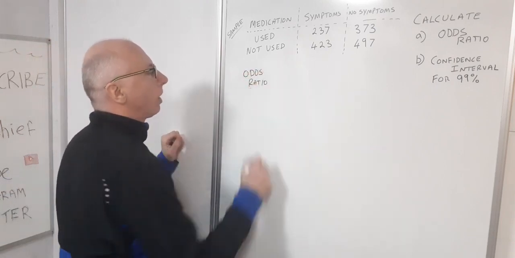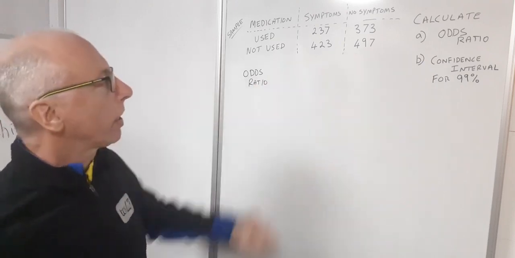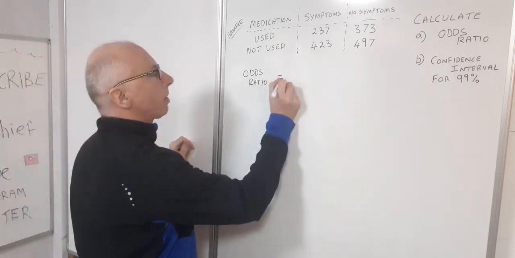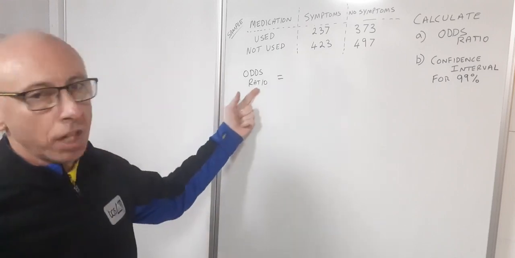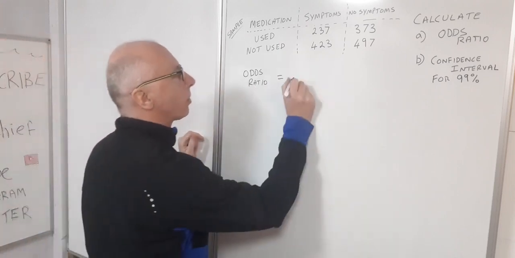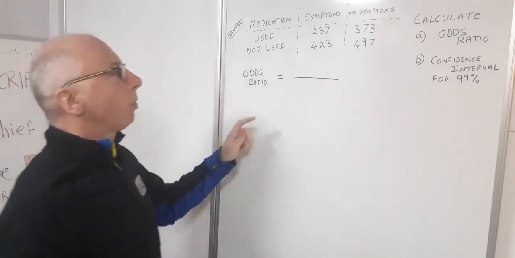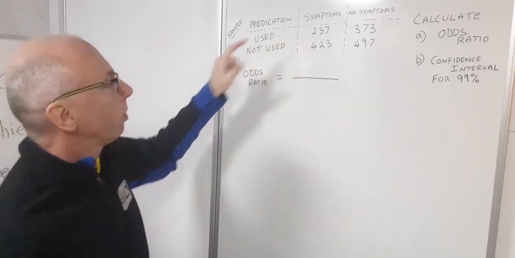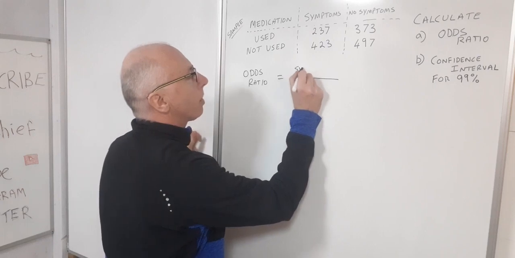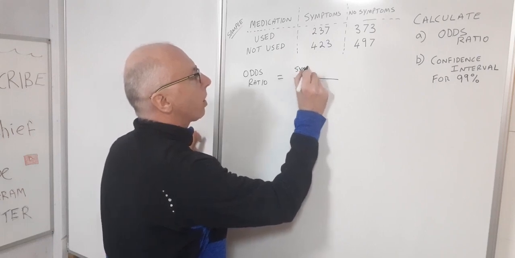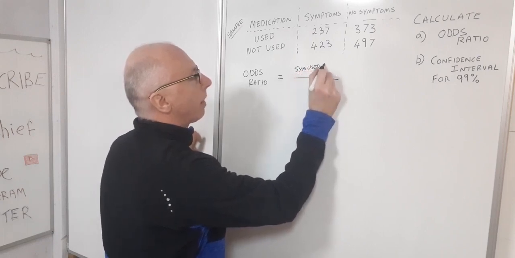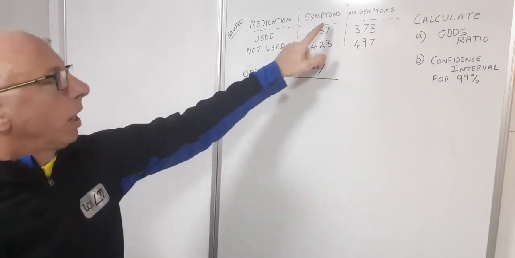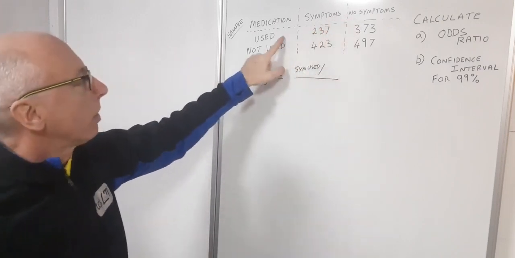Now there's a formula for that using this contingency table, and it consists of a fraction. As in a ratio, you're always going to have a fraction involved somewhere. What we do is take this top line here, symptoms and used, and divide that by no symptoms and used.